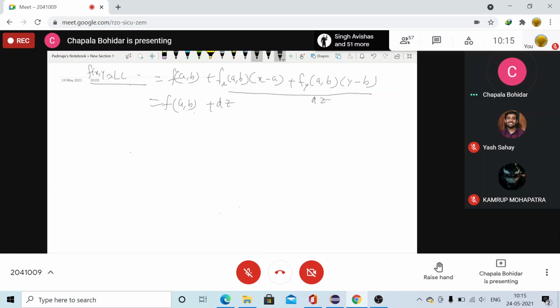Example. If z is equal to f of xy, that is x square plus 3xy minus y square, find the differential dz.